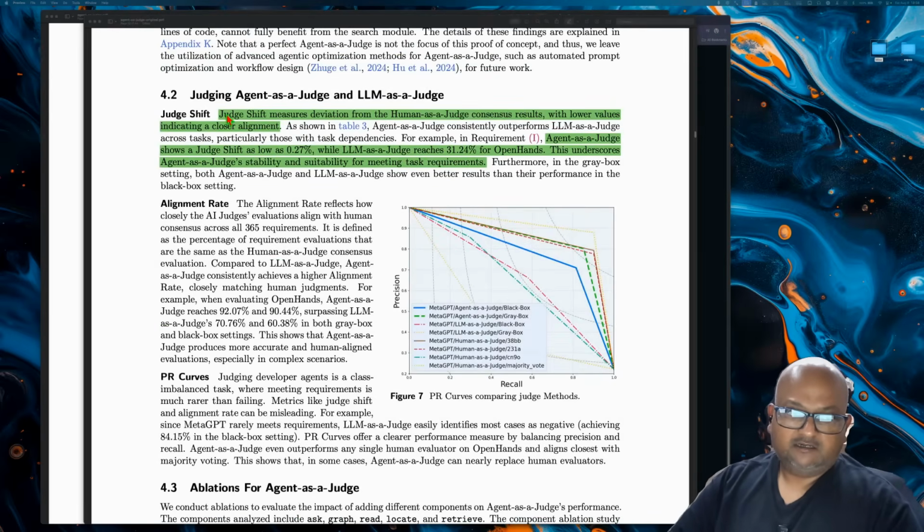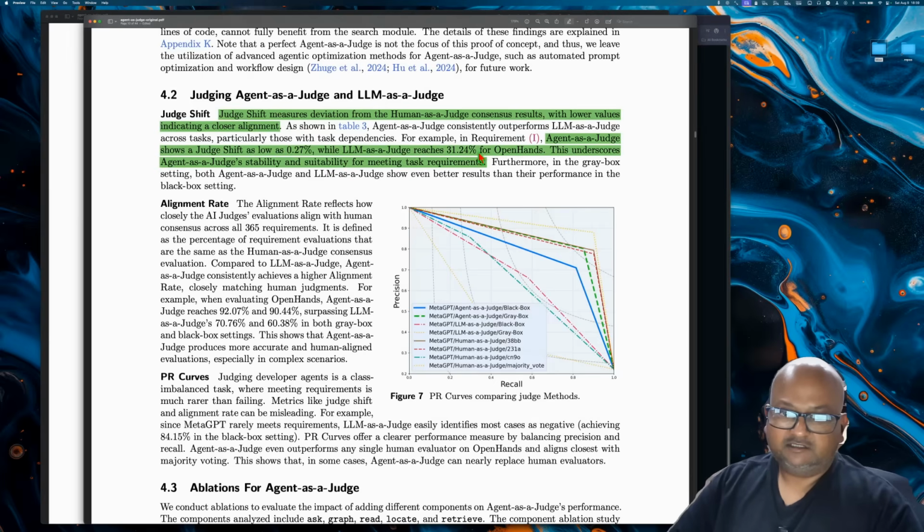If you look at judge shift, which is the measure of how much the judgment deviates from the baseline human evaluators, agent as a judge gets pretty low, under 1% on some tasks, while LLM as a judge has a judge shift of 30%.